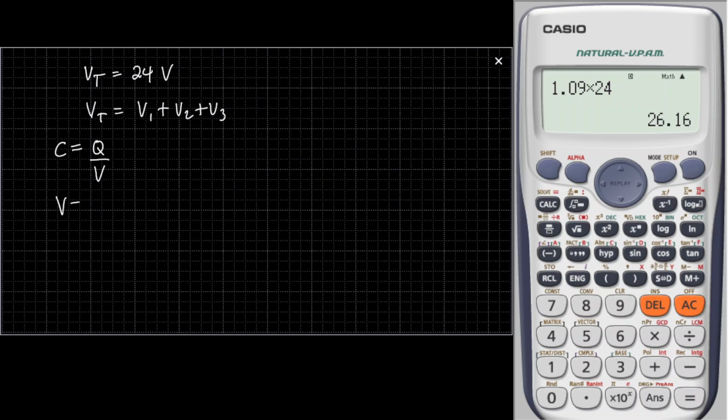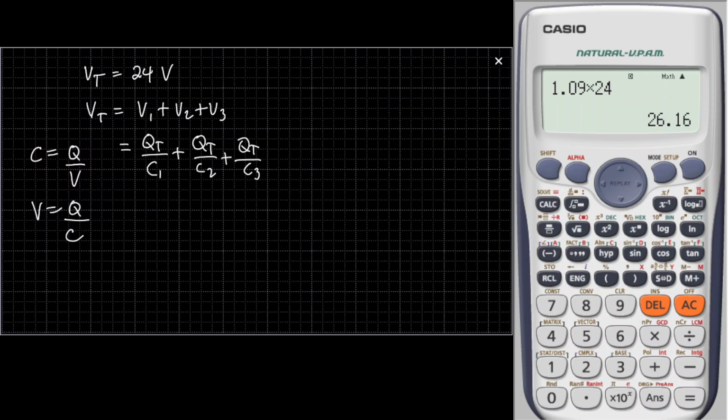So C is equal to Q over V. And from this relation, you can say that the voltage is actually equal to Q over C, right? So I just flipped this. And you'll get V equals QT over C1, plus QT over C2, plus QT over C3, because in a series connection our charges are all the same.